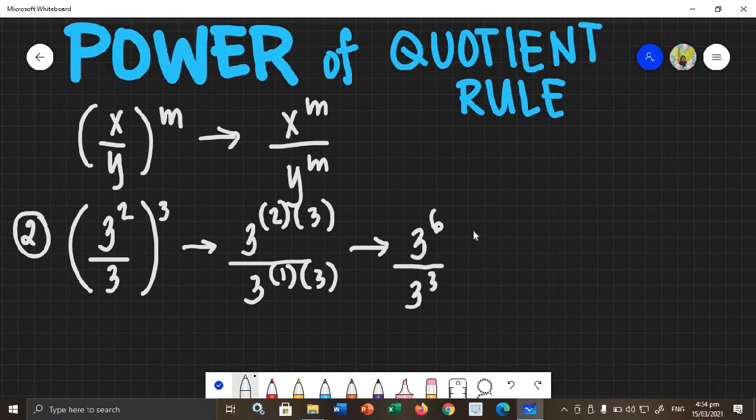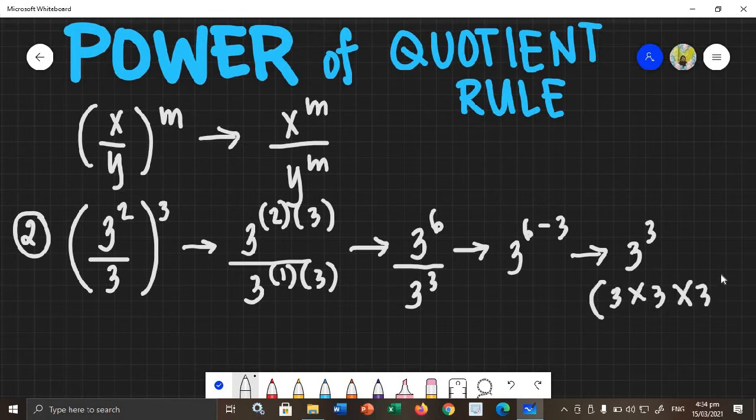Okay? So kung napapansin ninyo, kanina, we cannot subtract or we cannot apply the quotient rule kasi hindi sila same ng base. In this example, same sila ng base, no? Parehong 3. Therefore, we can apply the quotient rule. So, copy the base, which is 3 raised to 6 minus 3. And then, 3 raised to 6 minus 3 is simply 3, no? 3 raised to the third power can be simplified as 3 times 3 times 3.